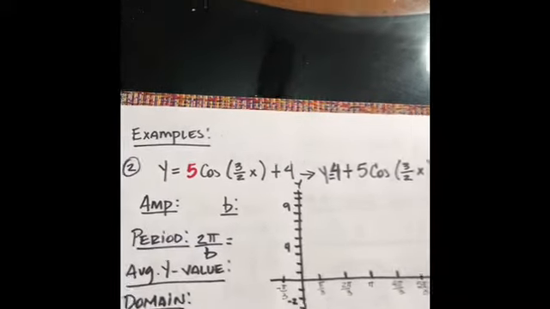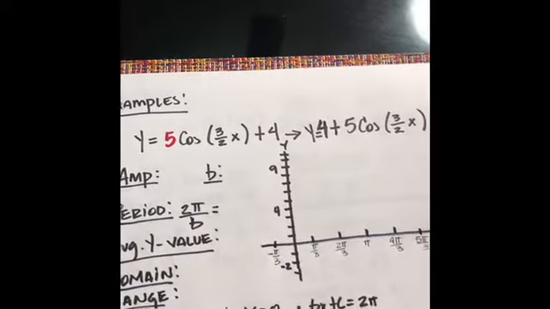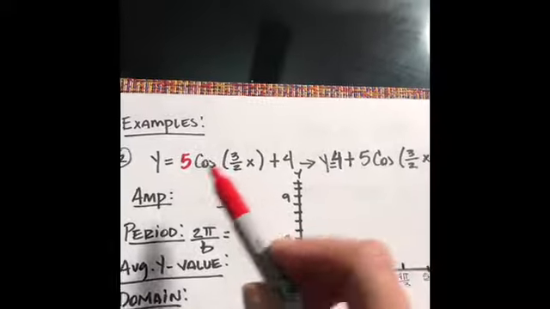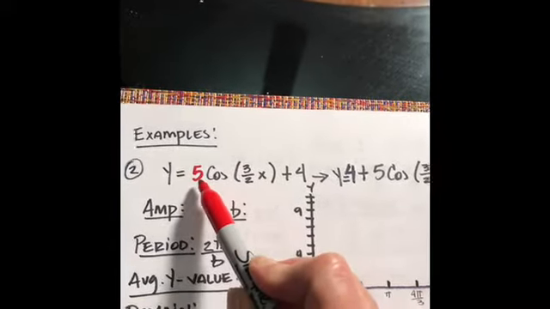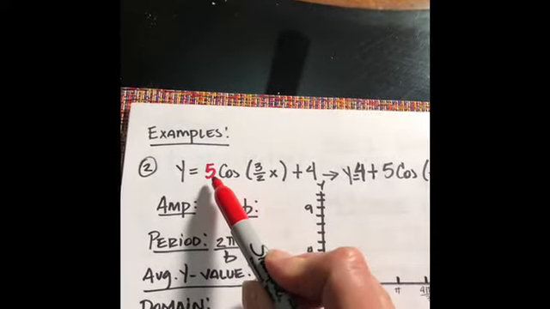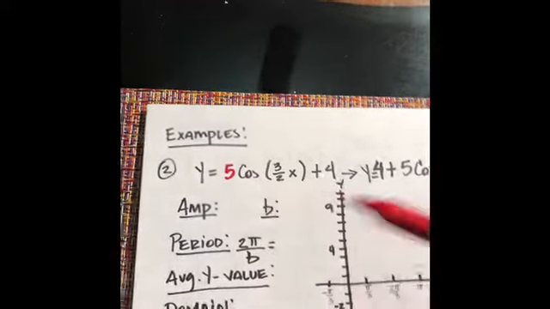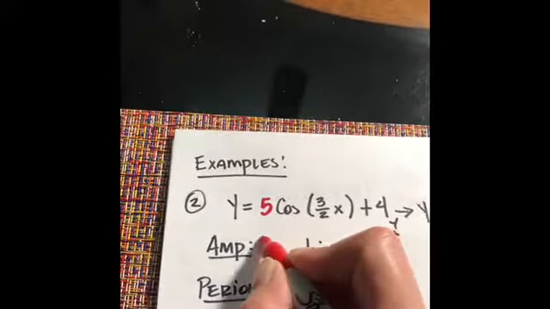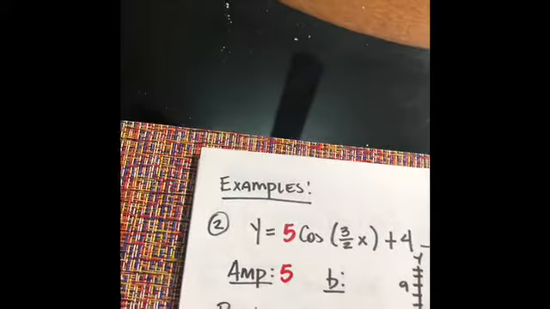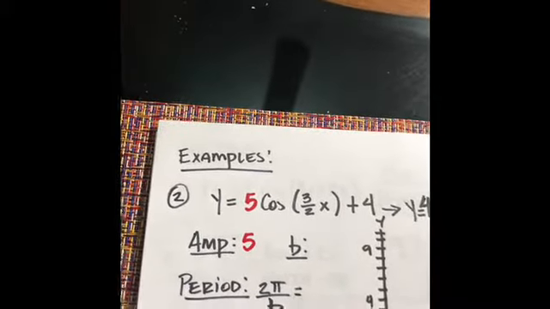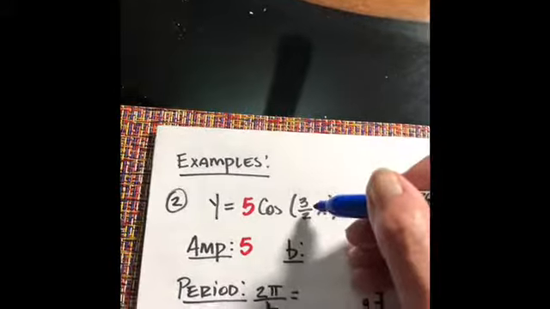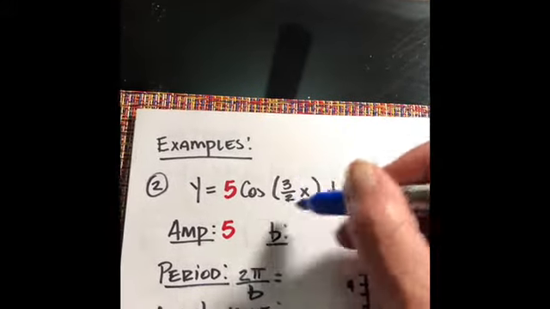Okay, so let's begin with this. Our amplitude in this case, let's remember from the previous video, is the coefficient of the function. In this case, it's cosine, so its coefficient is 5, the amplitude is going to be 5. Let's remember also that b is the coefficient of the x variable inside of the parentheses.